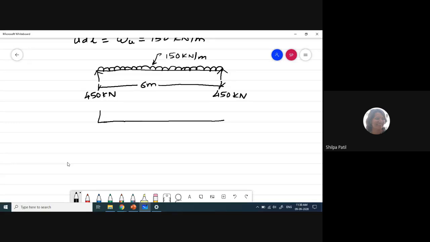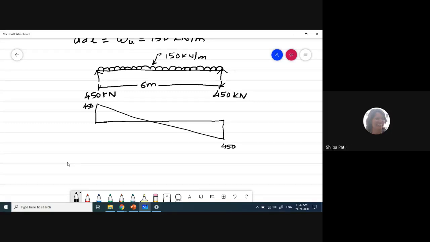I'll start from this, this is the 450 maximum value, and at the center I will simply mark a point over here. So from the center it will go linearly. So this is the 450 value and this is also the 450 value. Am I right? The shear force diagram.